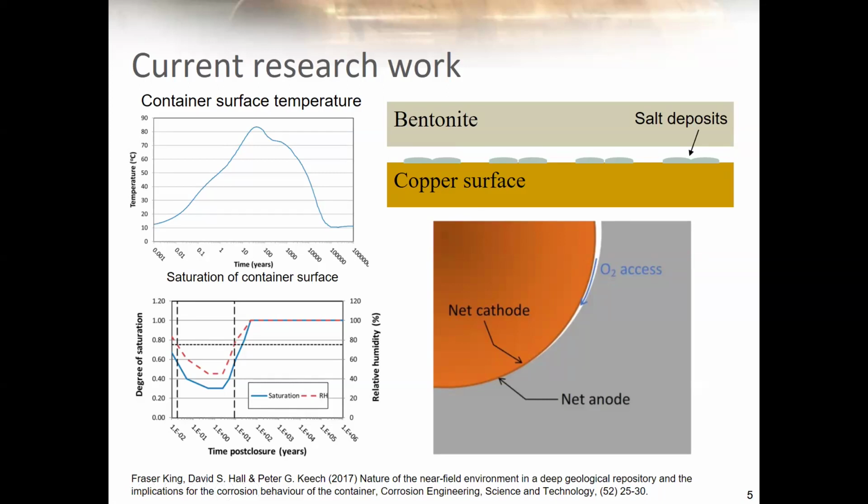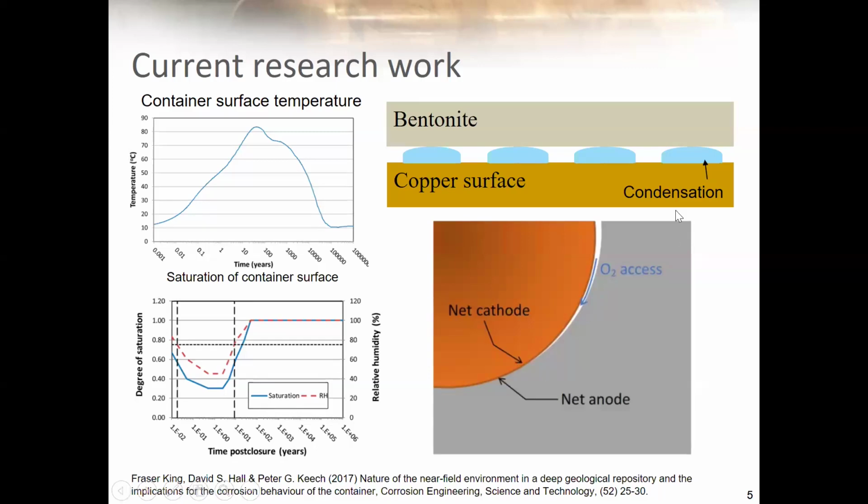But over time, as the humidity starts to increase and you get closer towards water saturation, you're going to see these salts deliquesce. They're going to deliquesce before you hit 100% relative humidity, where you would just have water present on its own.